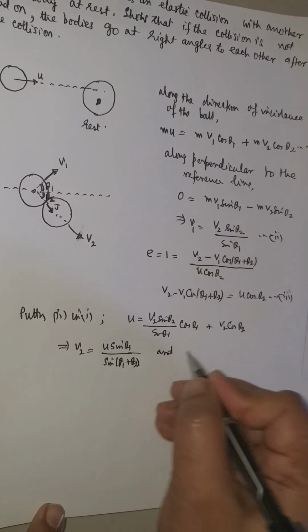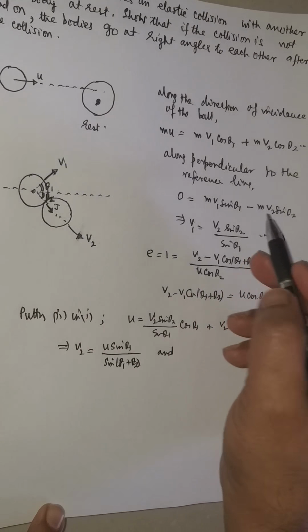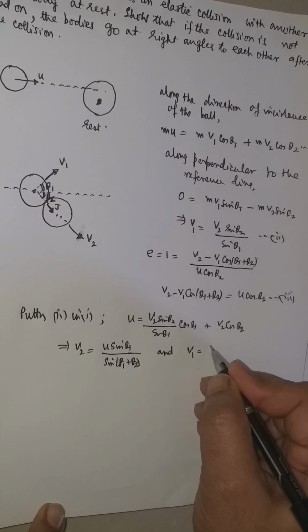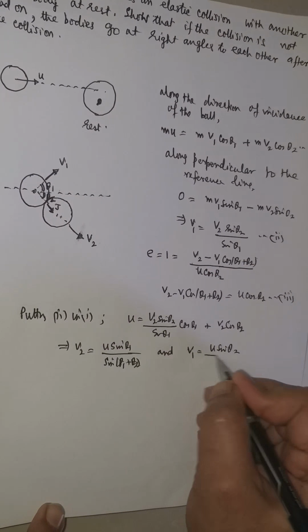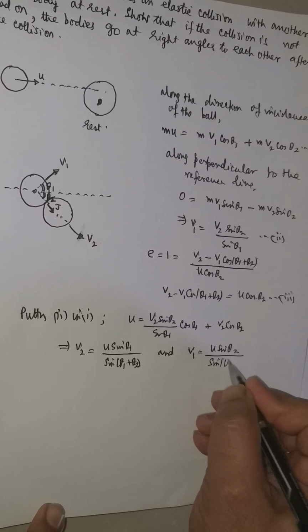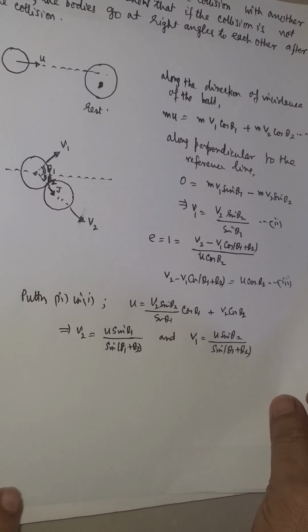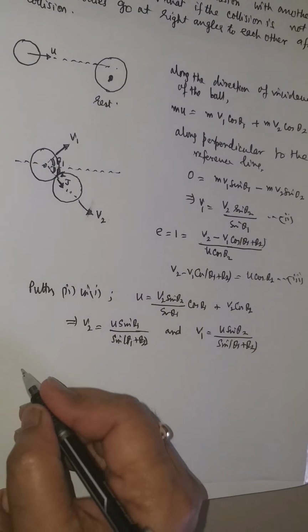And as v2 is ready, we can put it here and find out v1. The v1 will be equal to u sin theta 2 divided by sin of theta 1 plus theta 2. Now let us put these v1 and v2 in the third relationship.